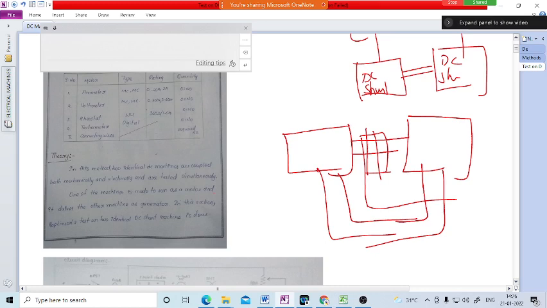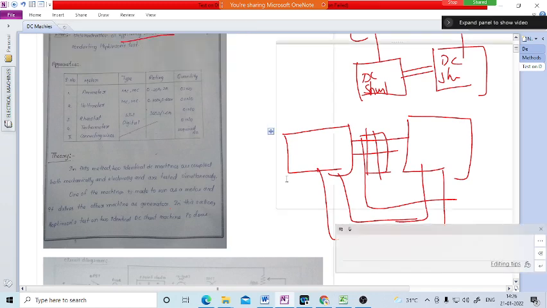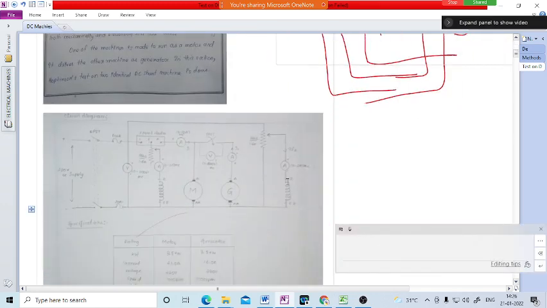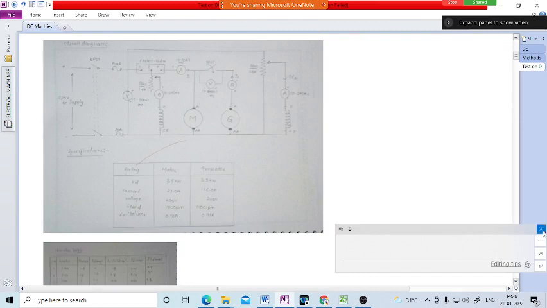Two identical machines are used for the Hopkinson test.